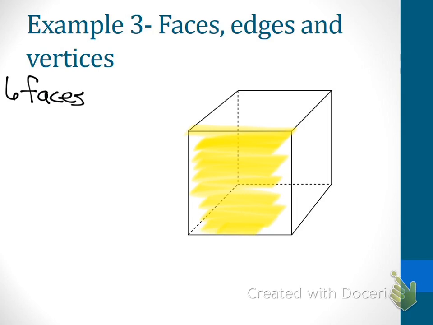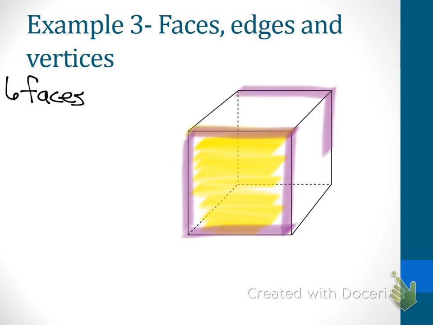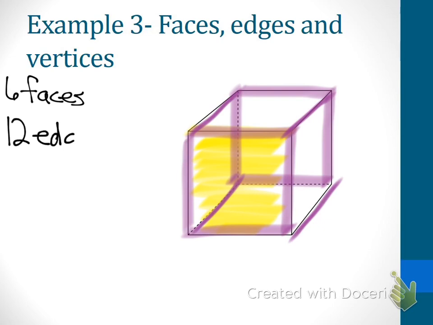Now let's count edges. Remember, with edges, it's where the faces meet. So we have 1 edge, 2, 3, 4, 5, 6, 7, 8, 9, 10, 11, 12. 12 edges. Any questions on how you count that?